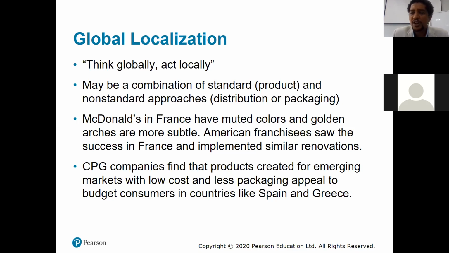Hyundai cars are not the same throughout the world. They produce cars for Korea, cars for the US, cars for Africa. Even though they are similar brands, the way they are produced, they are localized or modified to fit the needs and wants of these other countries. So it means you think globally, but you act locally according to the market needs.